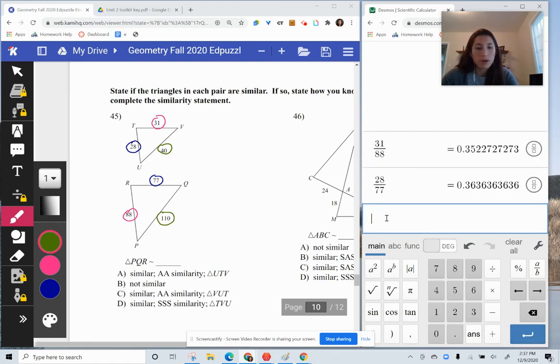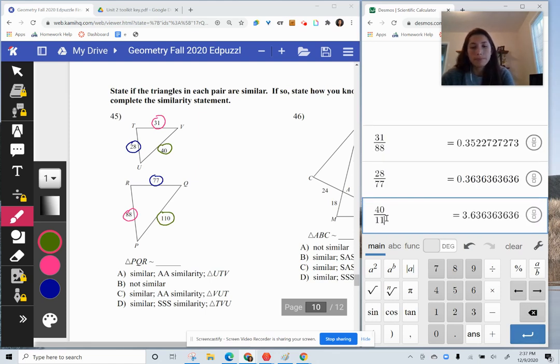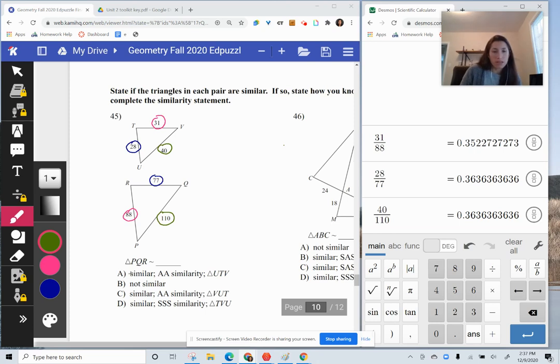And then we've also got 40 and 110. Now, if all these numbers are the same, then the triangles would be similar because of their sides, side, side, side. Now, these two are the same, but my first one is a little bit different. It's a little off from that. So these triangles are not similar. Not enough information to prove that. So I would say not similar here. Now, if all the numbers simplify and they equal the same thing, then they will be similar.